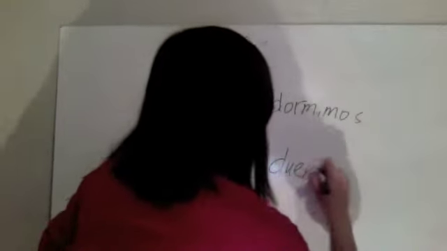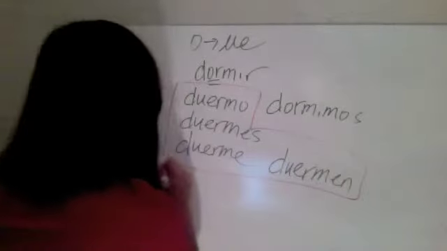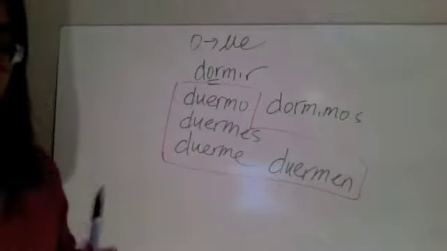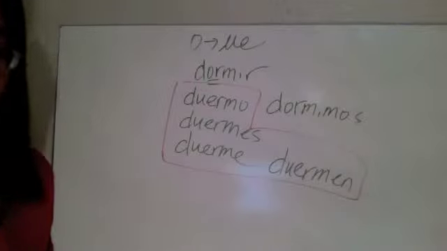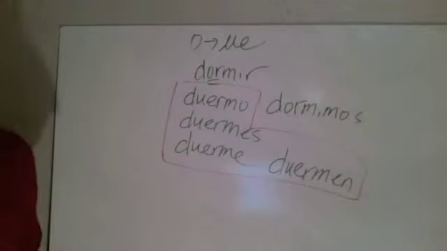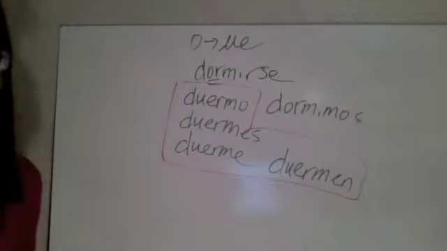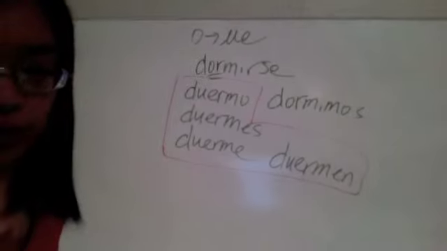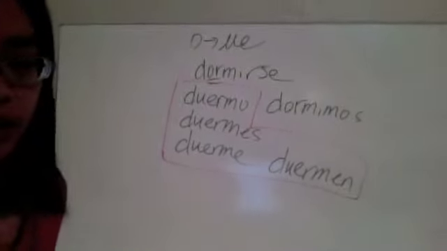Ellos, ellas, ustedes duermen. Here's our shoe. Again, if you are able to conjugate dormir, you should also be able to conjugate the verb dormirse, which means to fall asleep. It's a reflexive verb, and we have a video talking about reflexive verbs also.